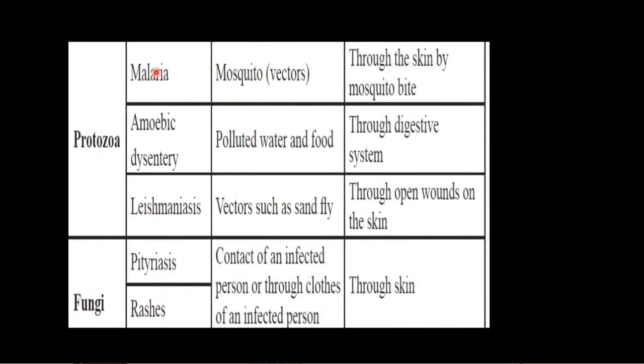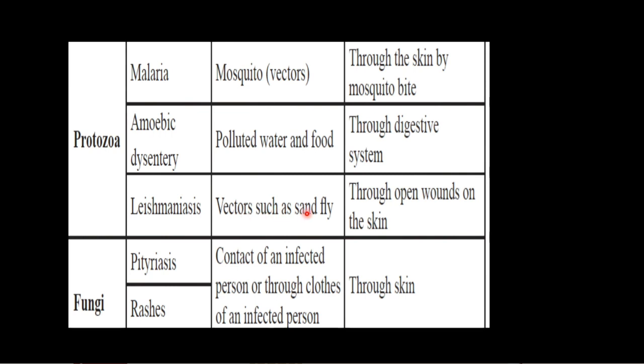And protozoa, malaria, spread by mosquitoes, to the skin by mosquito bites. And amoebic dysentery, the way it spreads is polluted water and food, and it enters through the digestive system.